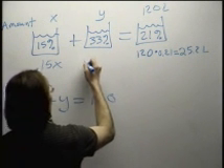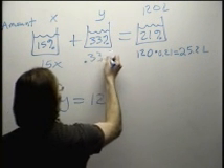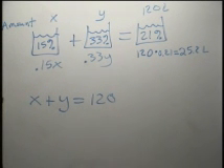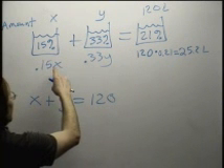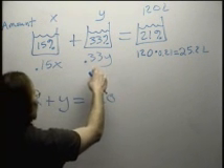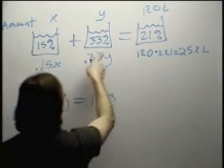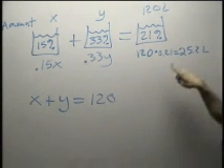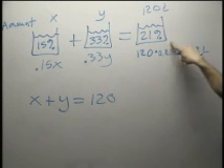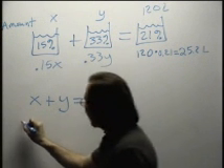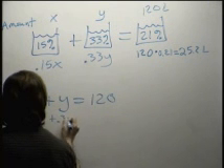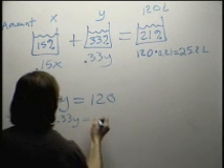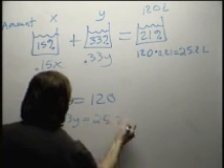And the same thing here, 33% times y, or 0.33y. So that's going to give us our second equation, because the second equation is going to tell us that if I put together the amount of acid from each of these substances, I will get the amount of acid in the final substance. So 0.15x plus 0.33y equals 25.2 liters.